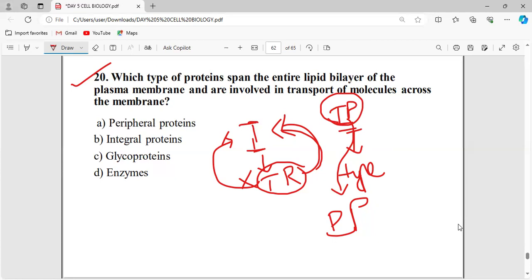Now, what is the difference between these two proteins? Integral proteins are embedded inside the membrane, and a transmembrane protein is also embedded inside the membrane, but it spans and moves along the plasma membrane.